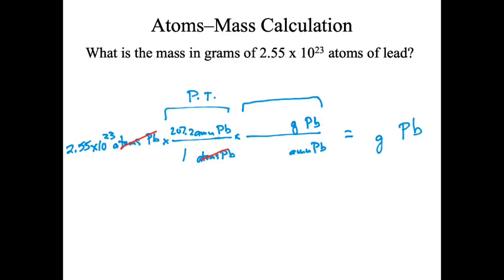AMU to mole, so we should... 2.55 times 10 to the 23rd atoms of lead. So now the suggestion is going to atoms was a bad idea. So maybe let's go to grams of lead. So grams of lead, what would we relate grams of lead to?